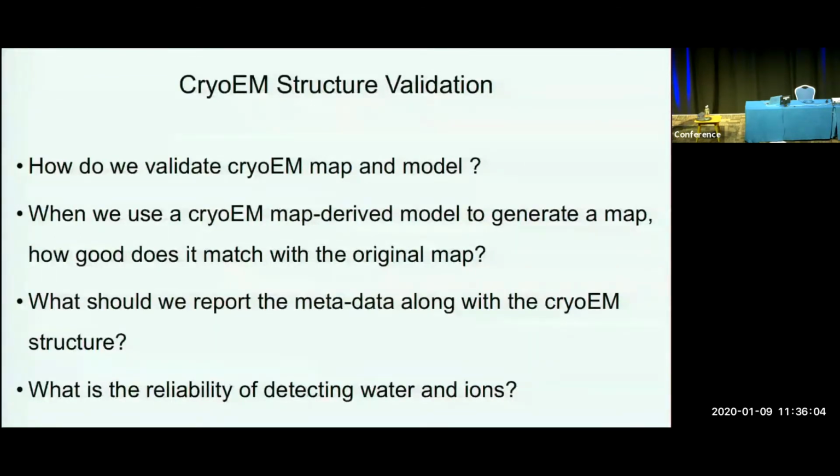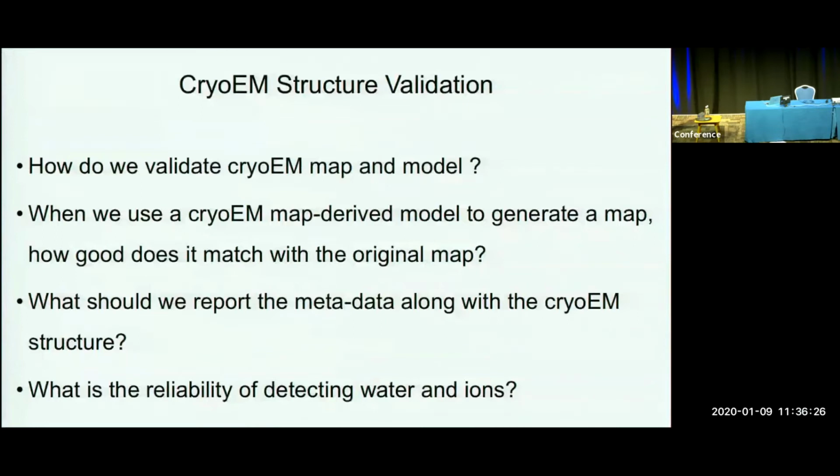One of the questions we have to keep in mind is, once we put a model deposit in PDB, we pick up the model and we compute the map. Does that map look like the original experimental map or not? It should, but sadly, most of them do not. I just want to bring up that point in a couple of slides.